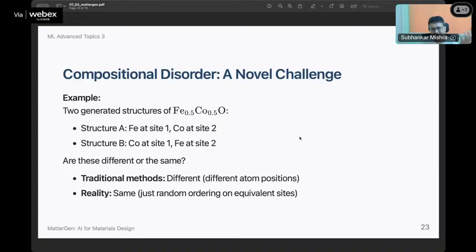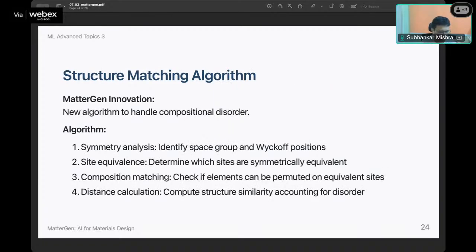Now, are these different or the same? If we go by the traditional method, they are different atomic positions. In reality, they are the same. Stop me if I'm going wrong on the materials part. Reality is they are the same thing. But if we use traditional methods to evaluate whether the generation has been correct or not, that will give a wrong answer.